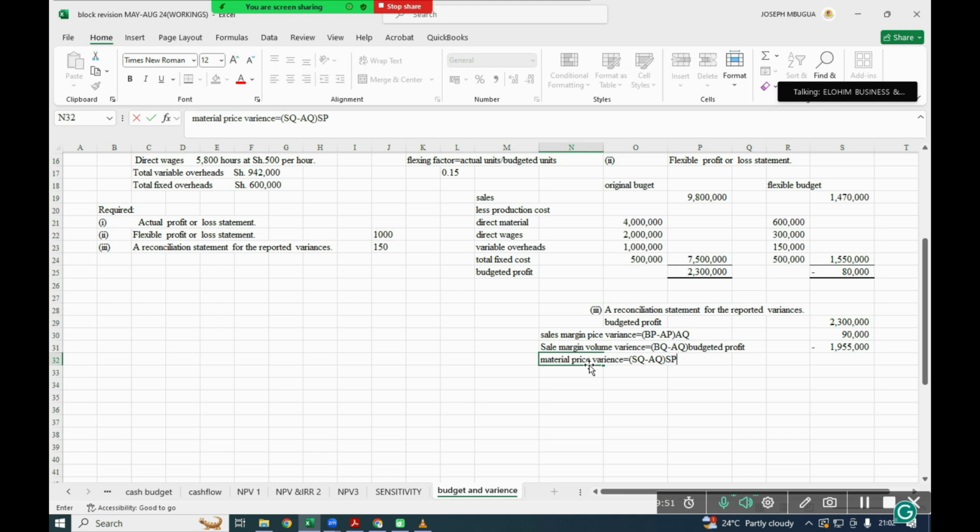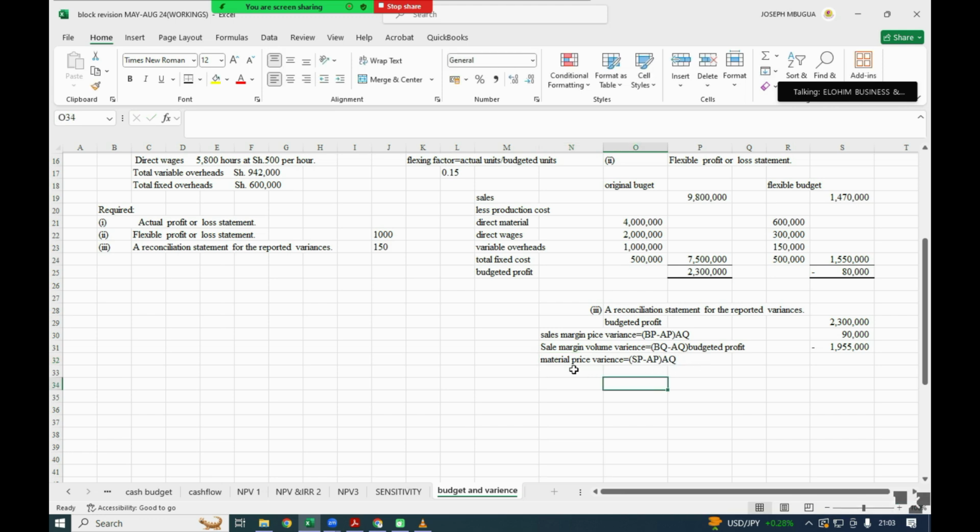Material price, it was a price: standard price minus actual price into actual quantity. We had intended to buy 1 meter at what particular price, and we ended up buying at which particular price, and the actual quantity.